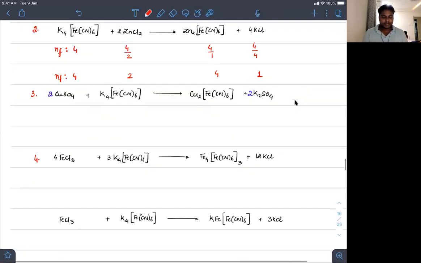Think along the same lines for the second one. Go with the known one. The second one is known to us, right? All potassiums are being replaced by copper.